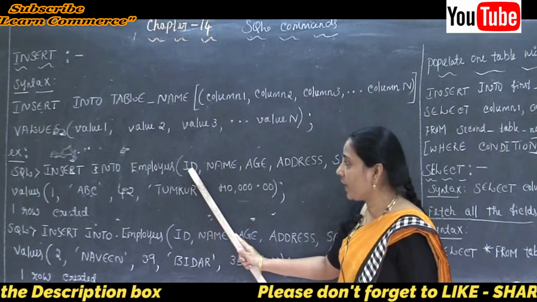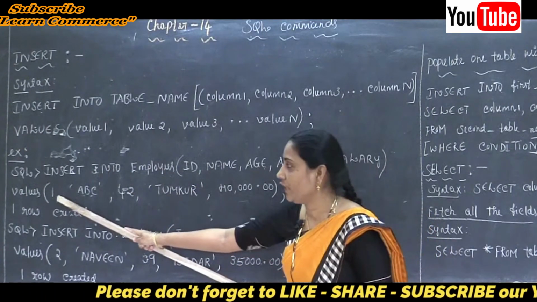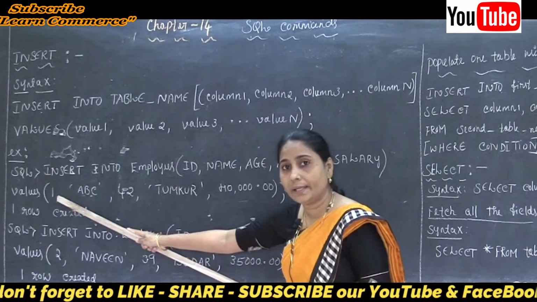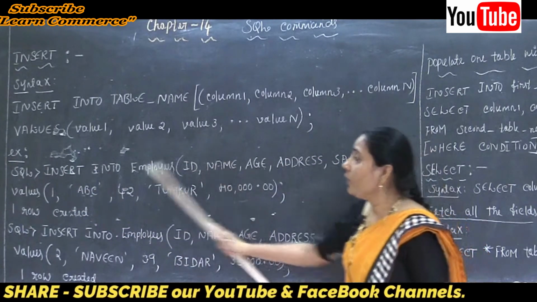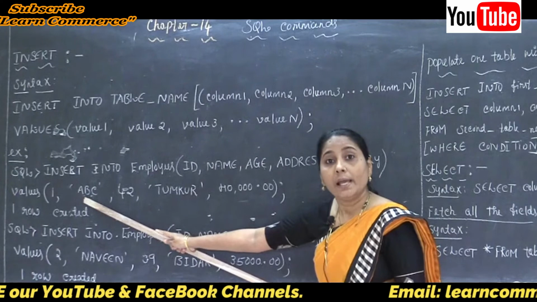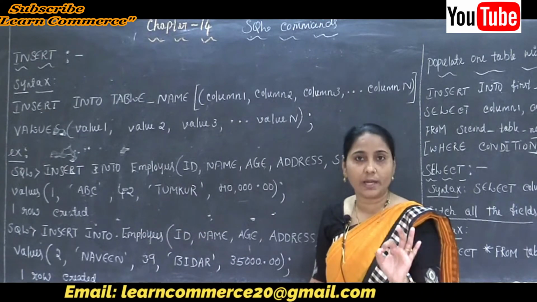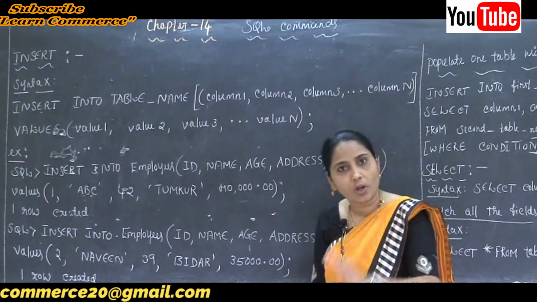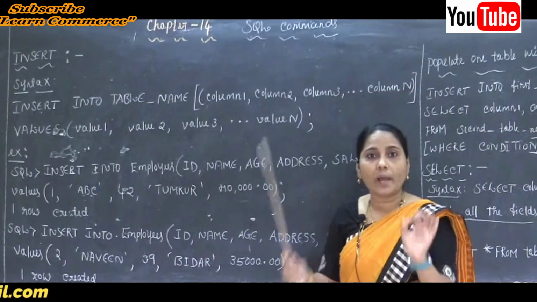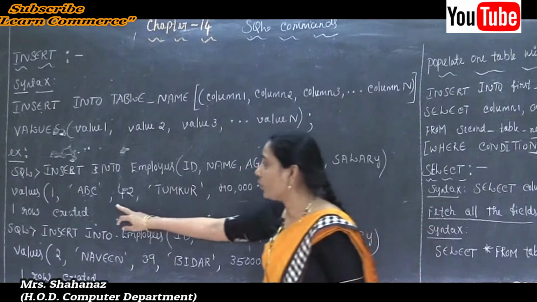Maybe first if you are using ID, that means first we need to enter the value for the ID. The second column is name, we need to enter the value for the name, that is ABC. And any group of characters, that is called a string, is enclosed within single quotes. Clear this point?